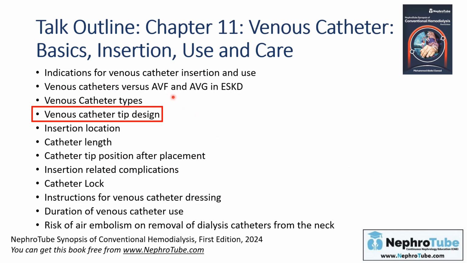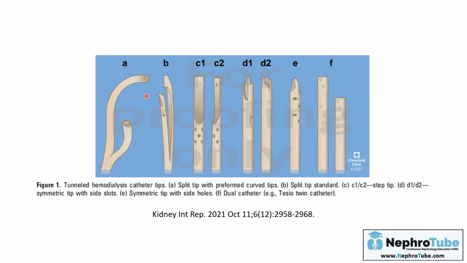After we mentioned venous catheter types, we have to mention now the venous catheter tip design. The tip of the venous catheter can be found in different shapes. These are the different shapes that are available, especially for the tunneled venous catheters. Here is the split tip with curved tips, the split tip standard tips, and so on.